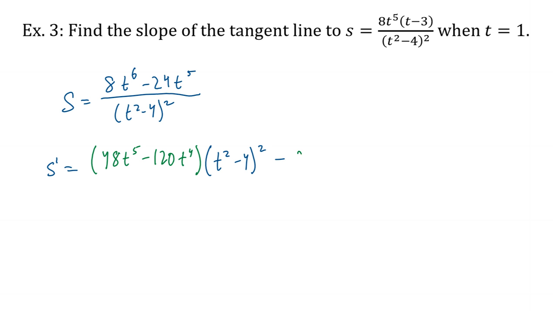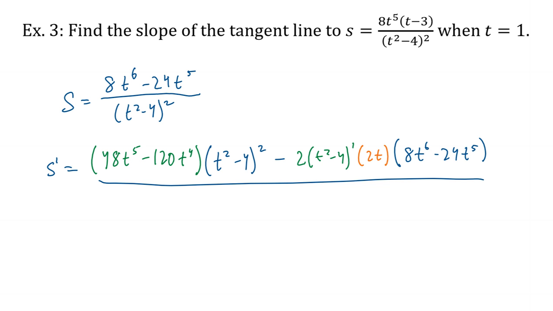So bring the 2 down: t squared minus 4 to the 1 times the derivative of what's inside, which is 2t. All of that times the top. t squared minus 4 all squared is t squared minus 4 to the 4th.